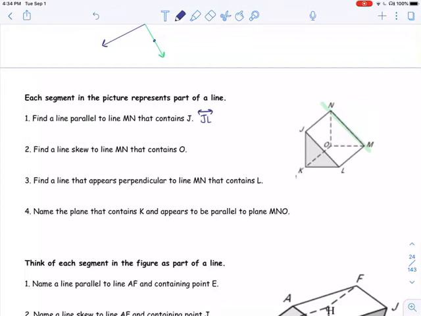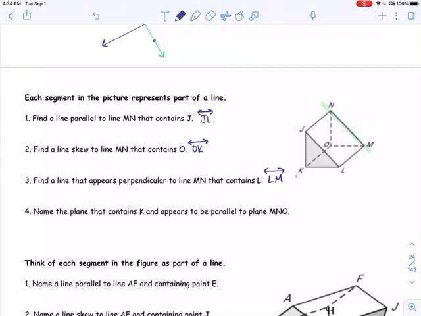So I'm going to go ahead and put that distinction above. Find a line skew to MN that contains O. So that will be OK or KO. Find a line that appears to be perpendicular to line MN that contains L. So that would be LM.